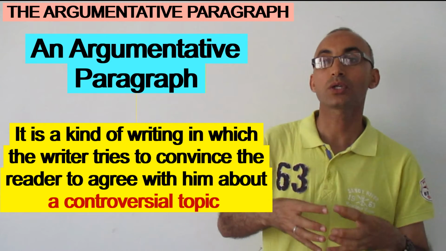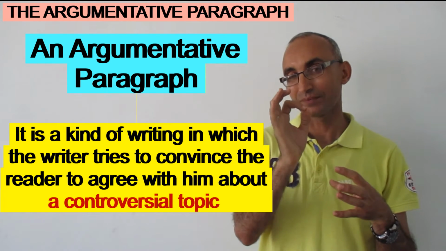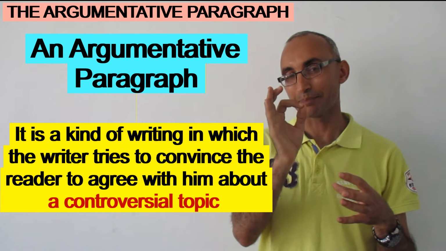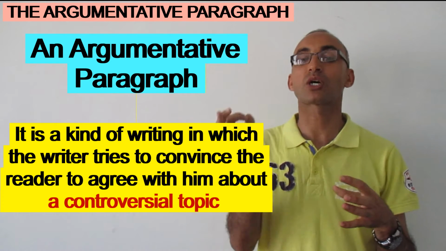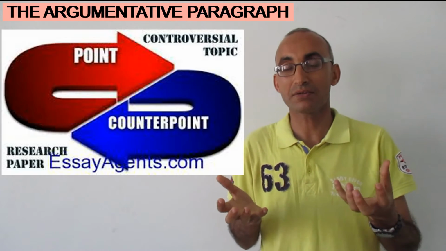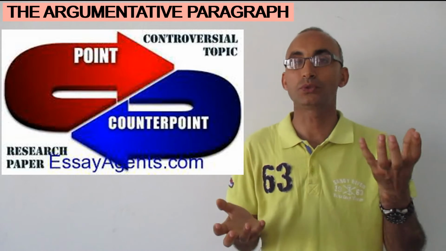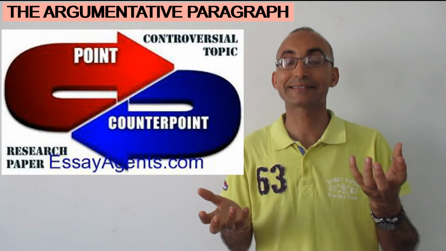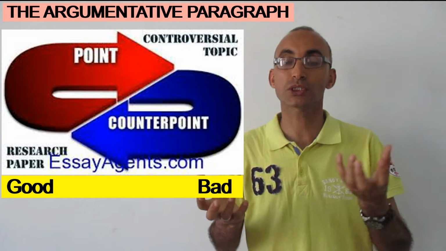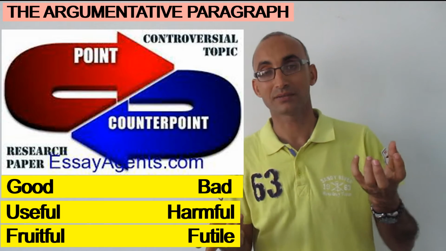Now, why do we specify particularly a controversial topic? Because this topic bears two views, two sides. It can be good or bad, useful or harmful, fruitful or futile, and so on.